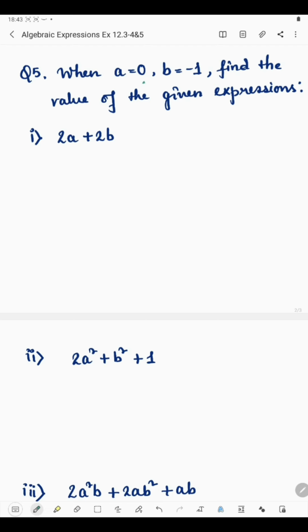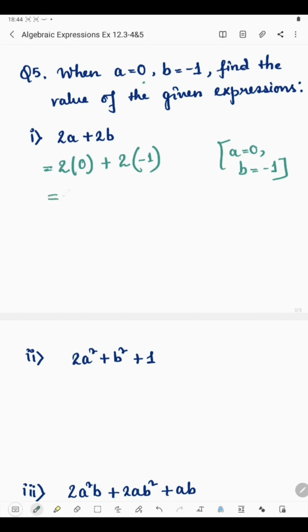In the first part we have 2a plus 2b. So 2a means 2 is multiplied by a, and a is 0. As you know, we will put the value of the variable within brackets. Then plus 2 into b, and b is minus 1, so we'll put it in brackets.